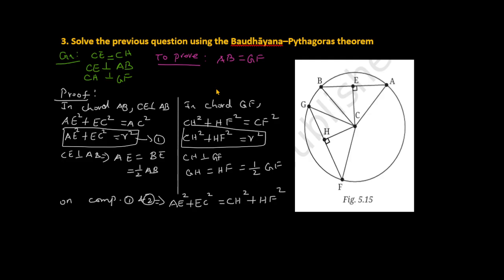Now, AE is equal to half of AB, which implies twice AE is equal to AB. And HF is equal to half of GF, so twice HF is equal to GF.